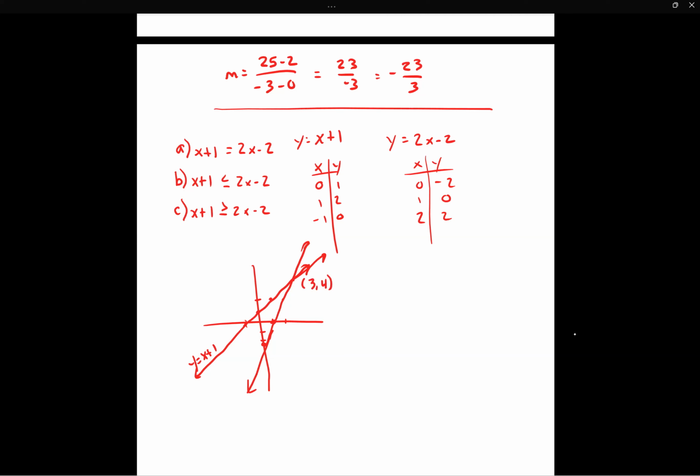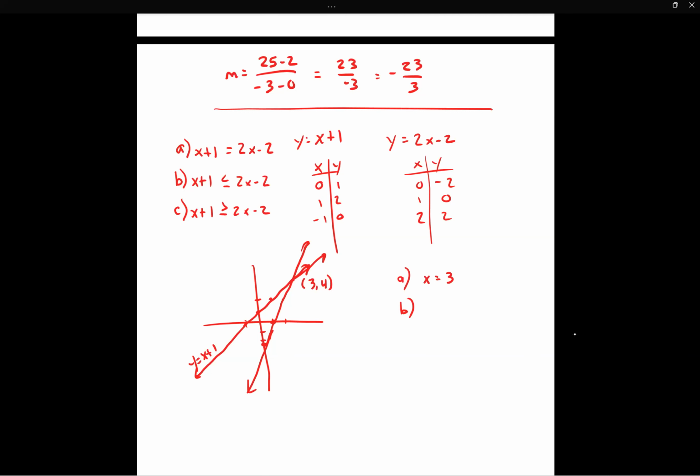So doing this graphically, where does x plus 1 equal 2x minus 2? Well, that's simply at x equals 3, right? Where they intersect.